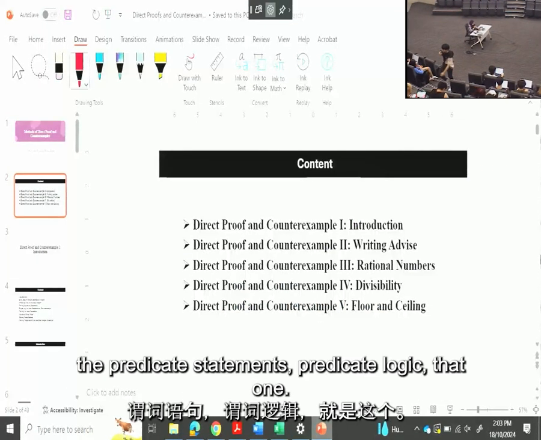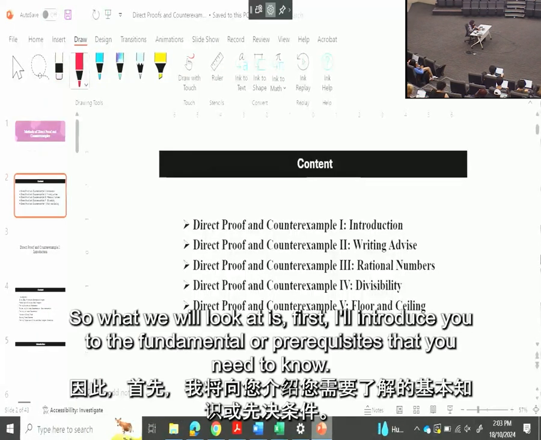The predicate statements, predicate logic, that one. Okay. So what we will look at is, first, I'll introduce you to the fundamentals or prerequisites that you need to know.